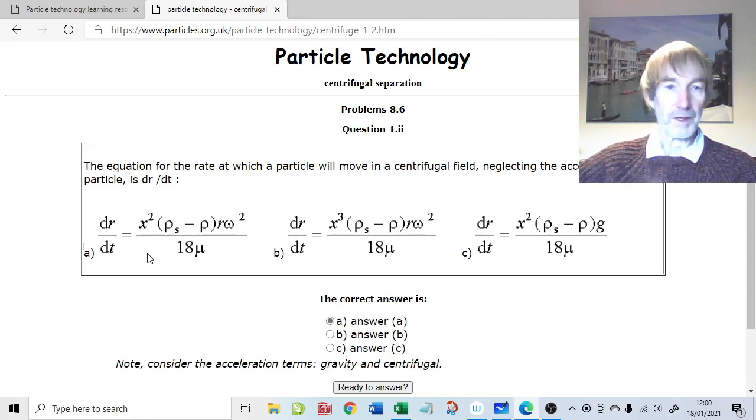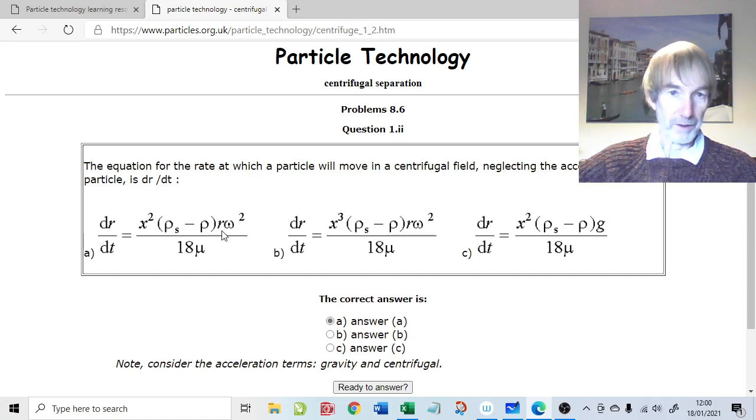And you can see an impending problem coming up because we have r on both sides of the equation. This means that we can't simply define a terminal settling velocity, because dr dt, the velocity radially, is going to depend on the radial position. The higher the value of r, the higher the radial position from the origin of the rotation, the faster the particle will be.